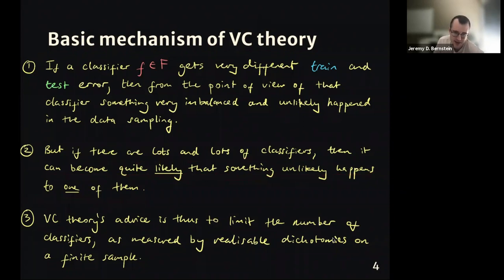It's like the difference between the probability of me winning the lottery and the probability of someone winning the lottery. One is unlikely, but the other becomes quite likely because a lot of people buy lottery tickets. So the advice from VC theory is to limit the number of people who can buy lottery tickets if you want to stop anyone from winning the lottery. But the way it measures the number of players in this analogy is the number of realizable dichotomies that the function class can realize on a finite sample. Anyway, that was just the recap.